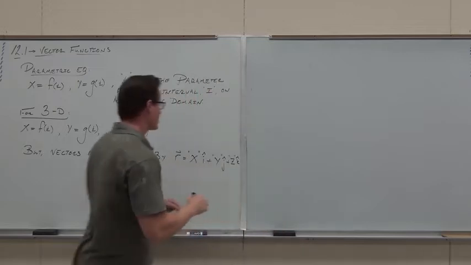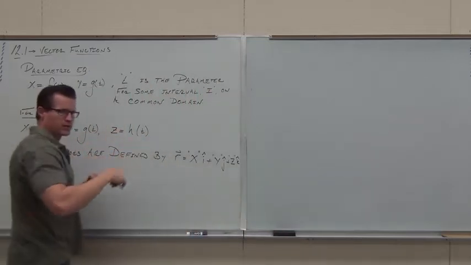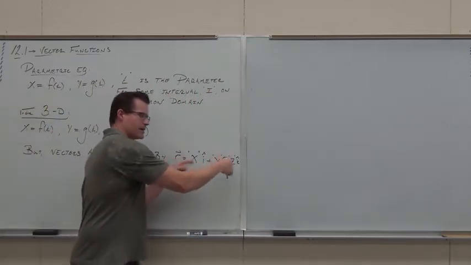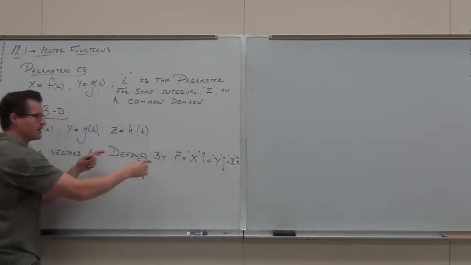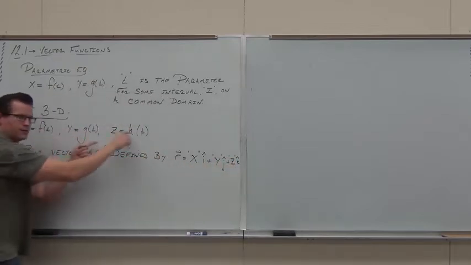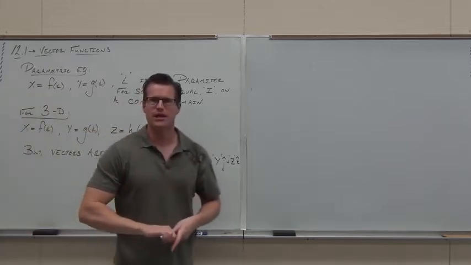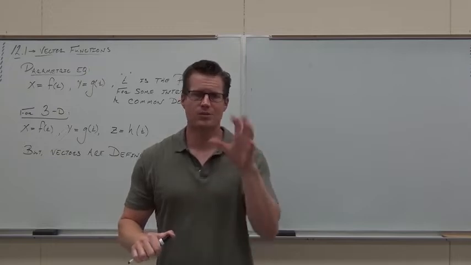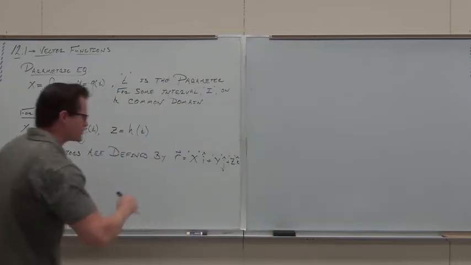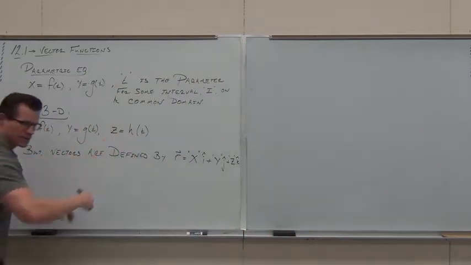Well, then we can take this parametric expression for it and plug it into this vector and get a vector function. That's literally what a vector function is. It's a parametric definition of your xyz coordinates plugged into a vector. That's all it is.